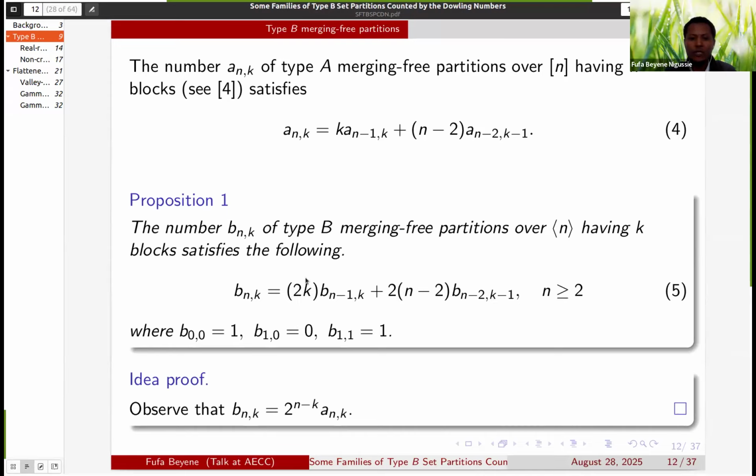And we have proved this recursion by just observing the type B version is 2 to the power of n minus k times the type A version. And after this observation, you can apply elementary algebraic manipulation to this recursion to obtain this one, the type B analog.